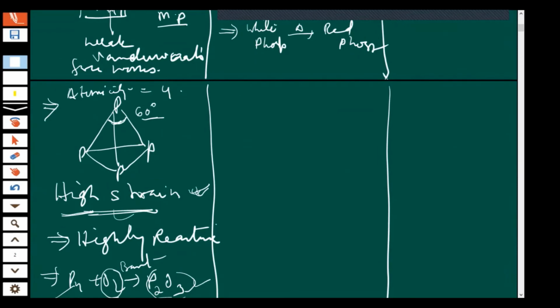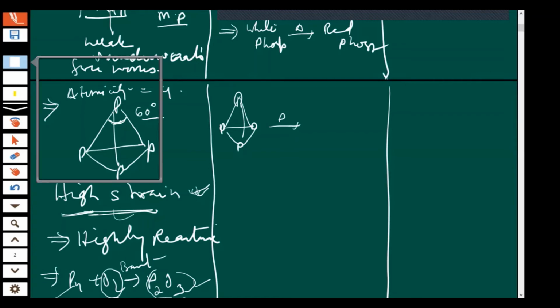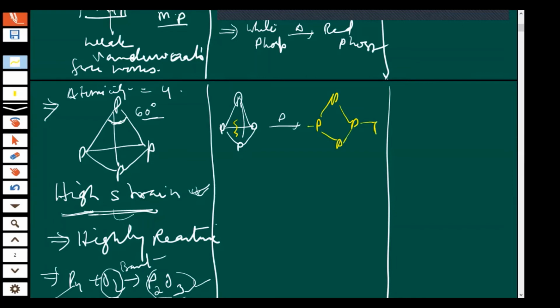The thing is that this P4, when you heat, this bond breaks. This bond breaks, children. Because this bond breaks, they keep on arranging like this. So these are chains.